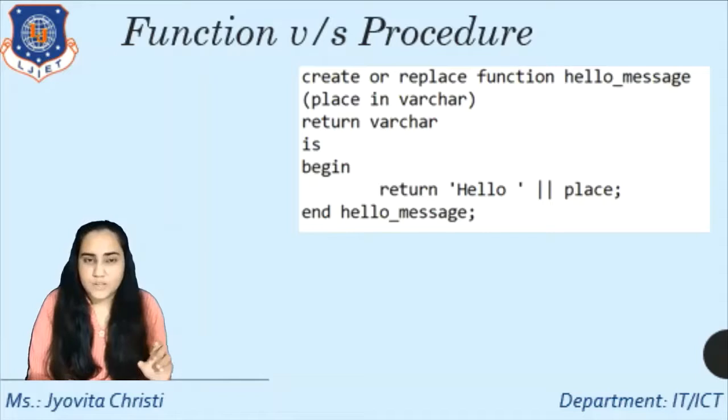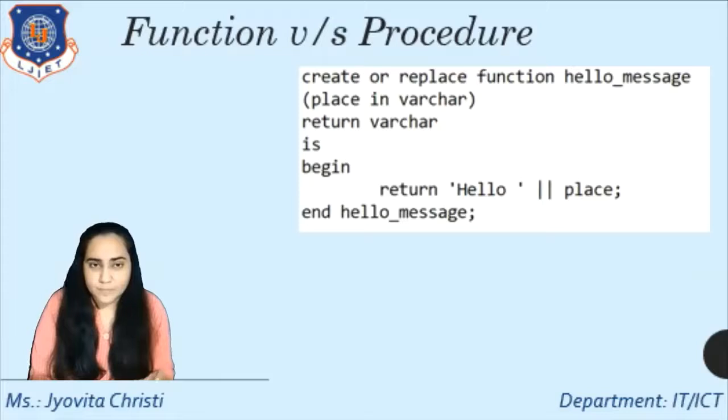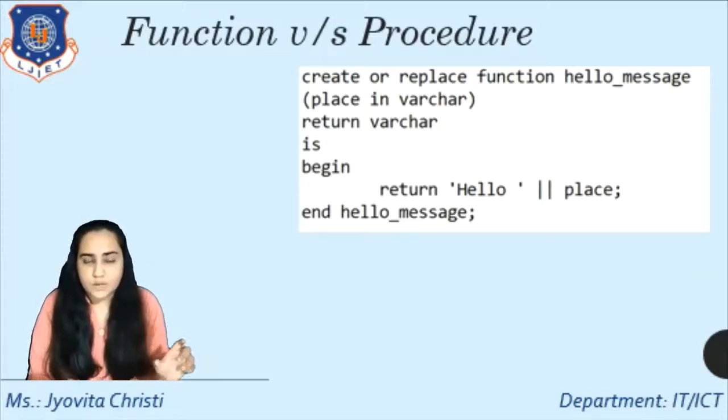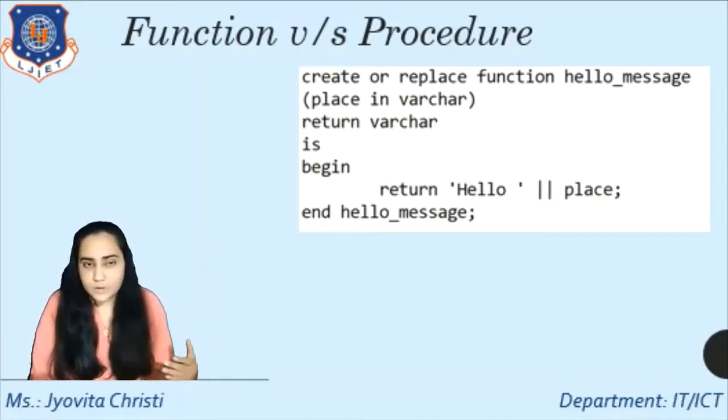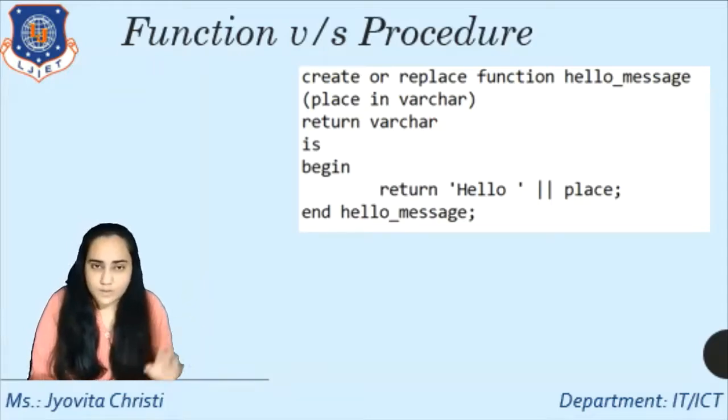So you see there is a return clause that is given right in the bottom. And there's also this return clause mentioned after mentioning the parameter to be taken. So this return clause allows you to return some value to the PLSQL block that is actually trying to call this procedure, this function.